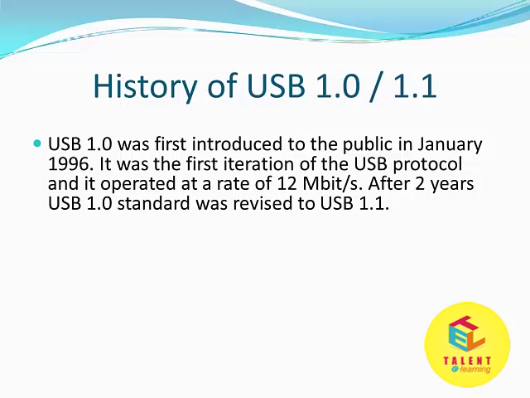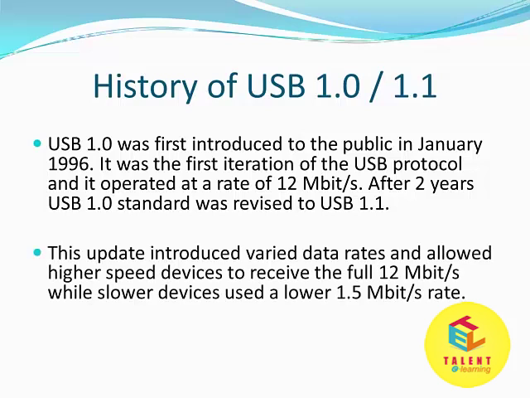After 2 years, the USB 1.0 standard was revised to USB 1.1. This update introduced varied data rates and allowed high-speed devices to receive the full 12 megabits per second, while slower devices used a lower 1.5 megabits per second rate.